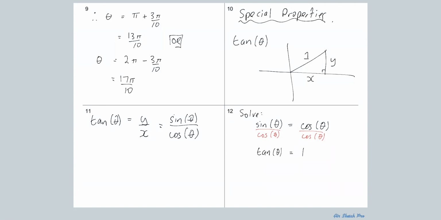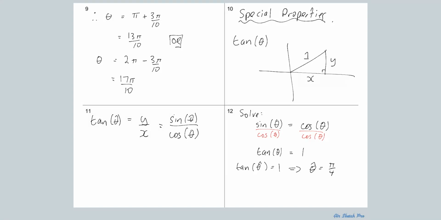And if you have a look at your table of values, when is tan theta equal to 1? 45 degrees. So you can go tan theta hat equals 1, gives you theta hat equals 45 degrees, pi on 4.